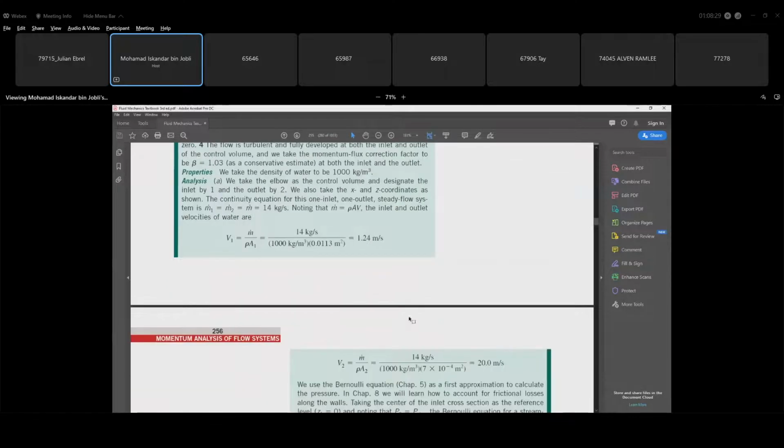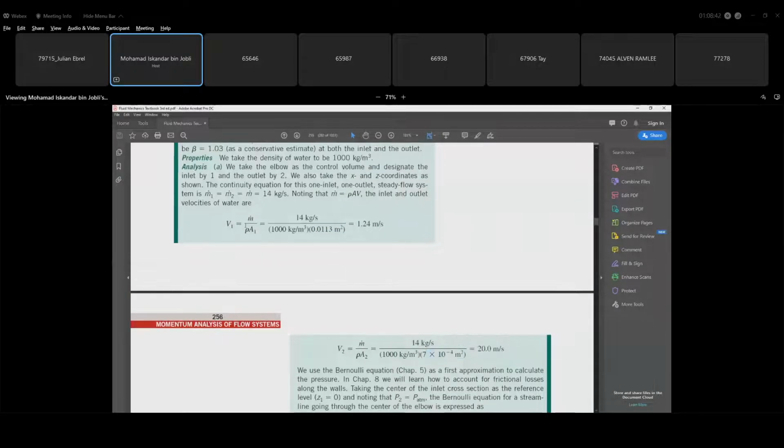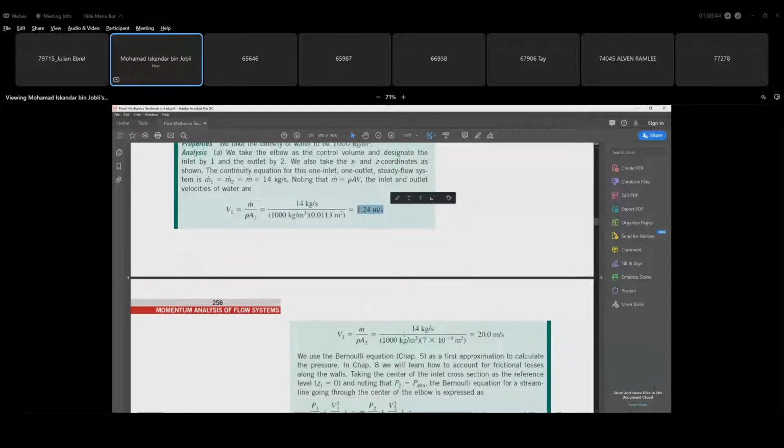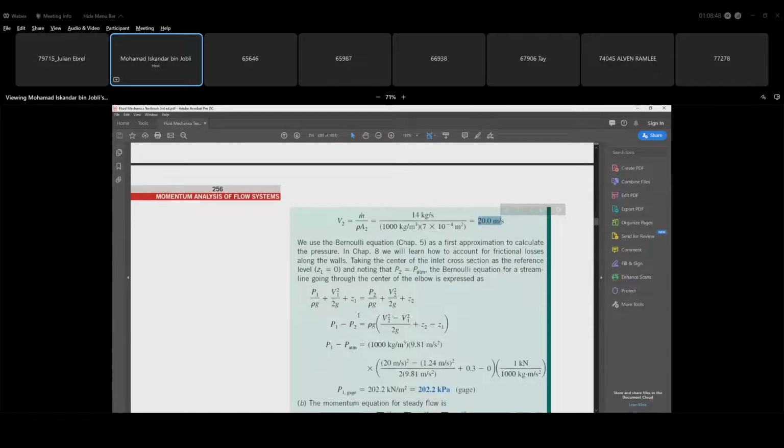That is why you see this one here is 14, and this one here is also 14. It's the same water. It's just the area that is different. So that's why you get V1 as 1.24, and V2 as 20.0. And then you find the answer by putting in all values using the Bernoulli equation.